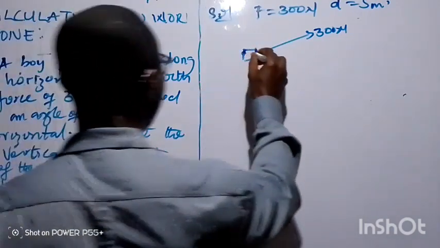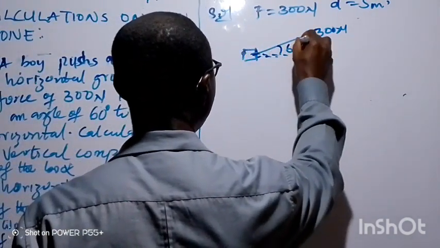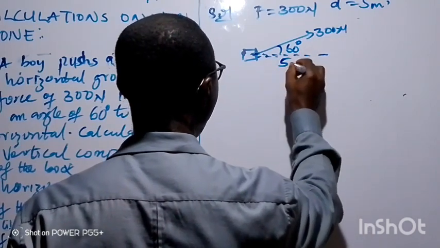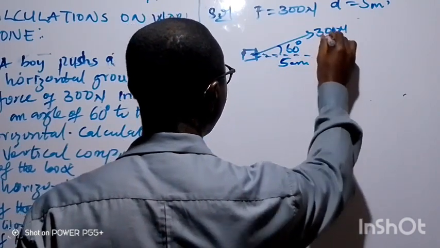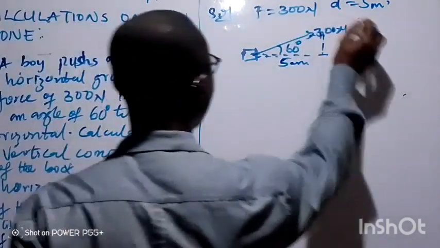The angle made with the horizontal is 60 degrees and he pushed the box through a distance of 5 meters. Let's say this is the diagram and this is the 300 force.